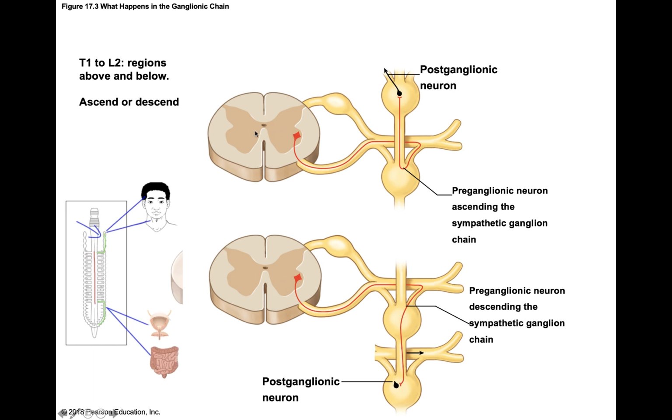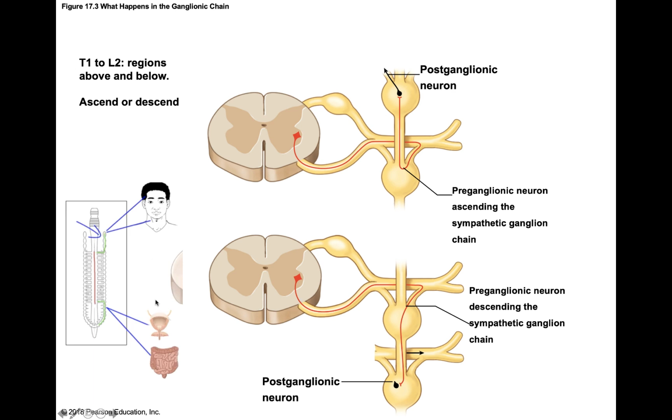So now we have organs that are located above thoracic and lumbar region. So there are organs that are located below, or organs that are located above. So in that case, we have the preganglion neuron that's going to go to the sympathetic chain ganglion, and it's going to go up. So let's say it needs to go maybe to the neck. It's going to go up, that's called ascending. So it's going to go up and it's going to synapse with a postganglion in the upper chain ganglion.